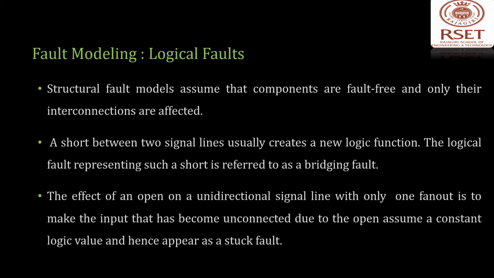Now talking about opens, the effect of an open on a unidirectional signal line with only one fan-out is to make the input that has become unconnected due to the open assume a constant logic value, and hence it appears as a stuck fault. So usually an open results in a stuck fault and a short results in a bridging fault.